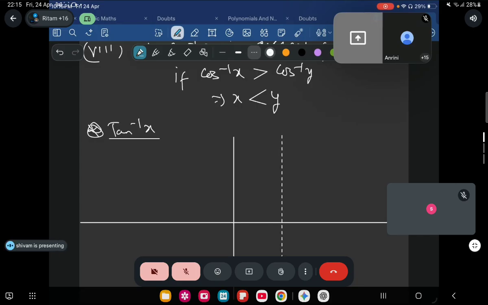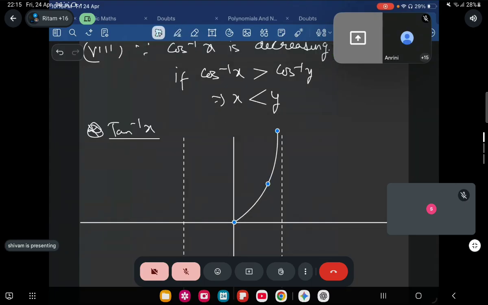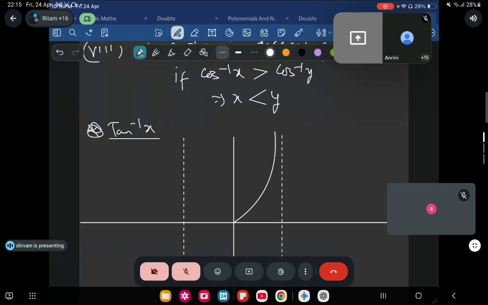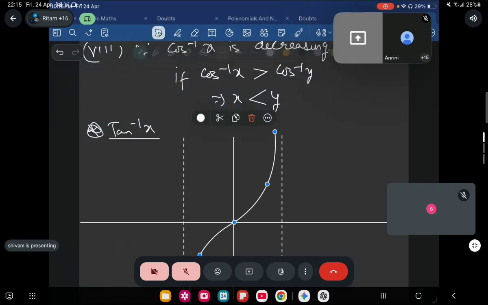Graph of tan x will look somewhat like this. It is bounded between x equal to pi by 2 and x equal to minus pi by 2. I'm just going to take one branch. Okay, this is the graph of tan x.